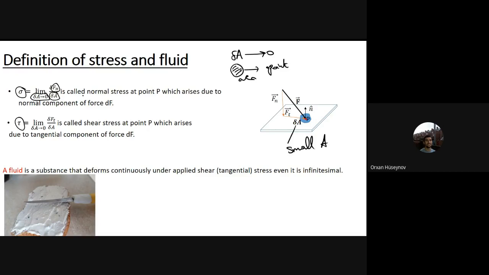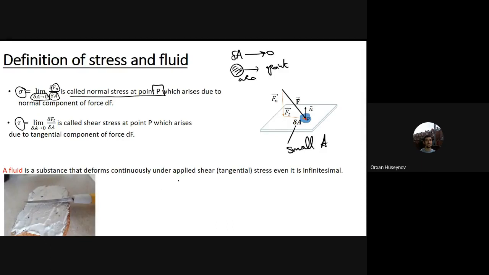Therefore, we are saying that normal stress at point P means the normal component of force dF, when the delta A tends to 0. That is the definition of the normal stress. Similar definition for the shear stress. It applies to the area when the area tends to 0, and it is the division of the shear force over the differential area.